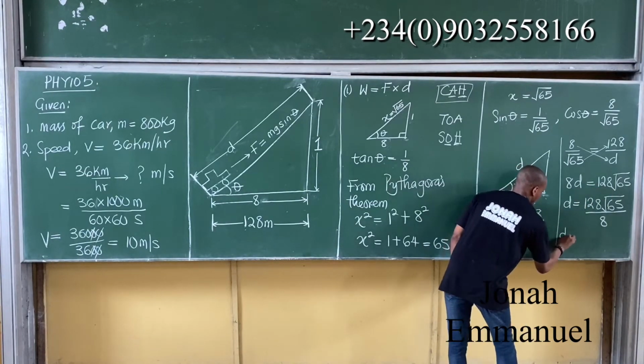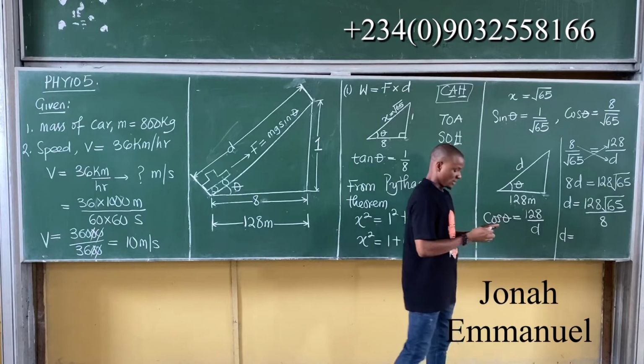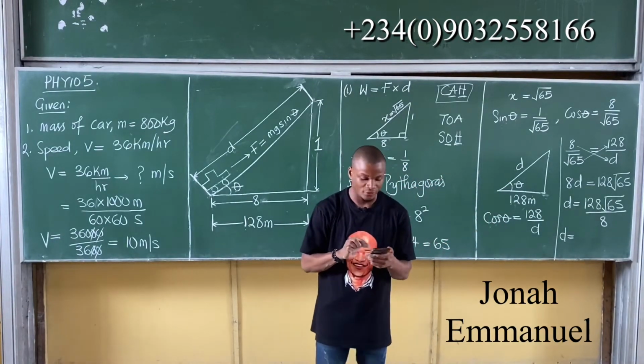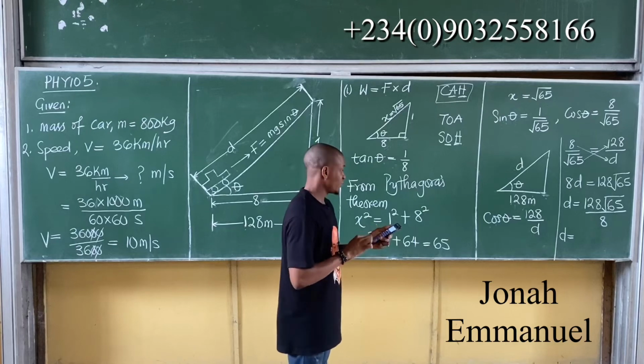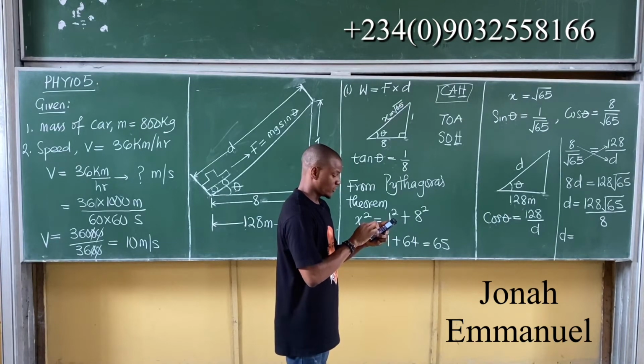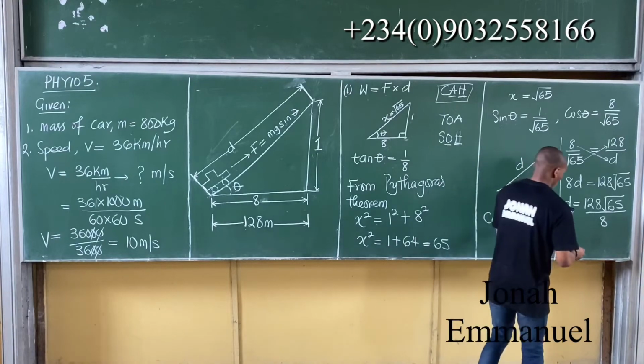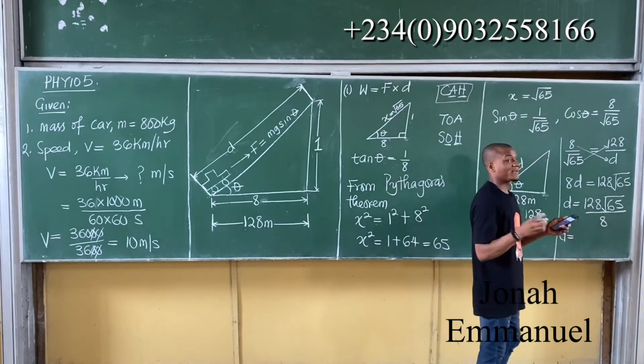From here, I want to get D in 2 decimal places. So let me use my calculator. D is equal to 128 root 65 all over 8. In 2 decimal places, okay, so let me use 3 decimal places instead.